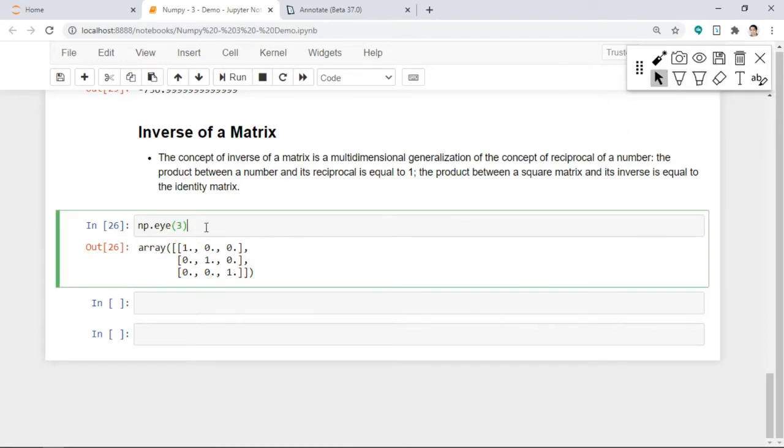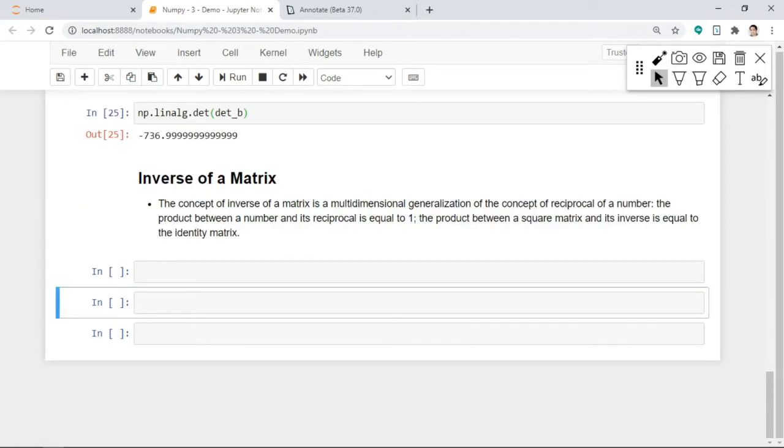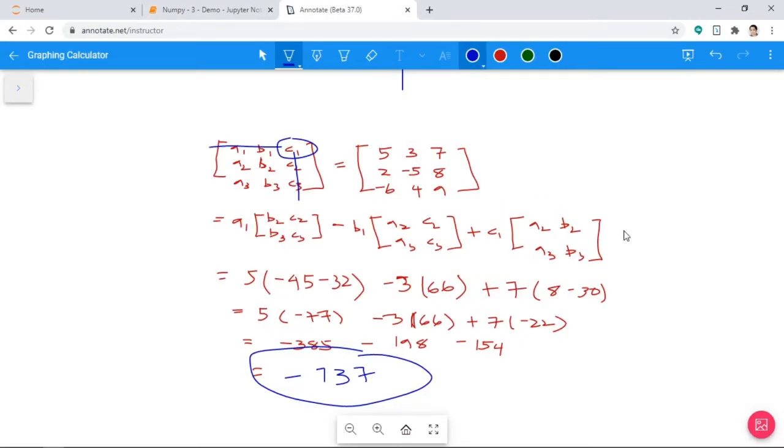So let's clear the screen. Before I execute this, let me first discuss what an identity matrix is.